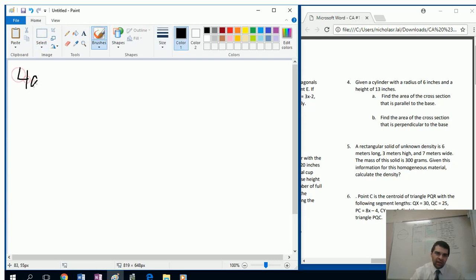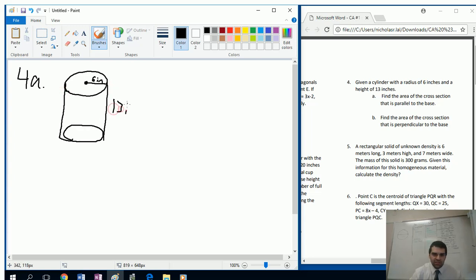So 4A, we have our cylinder. We have a radius of 6 inches for the base. And we have a height of 13 inches.